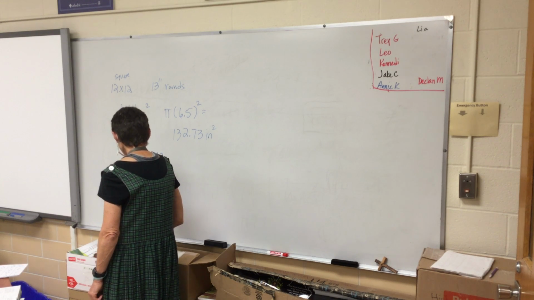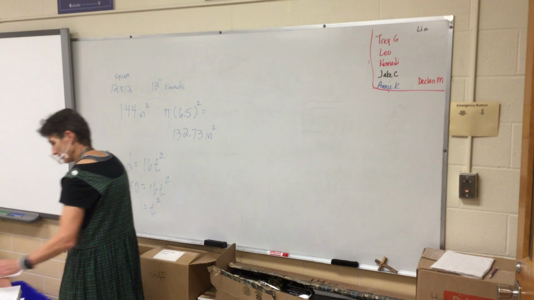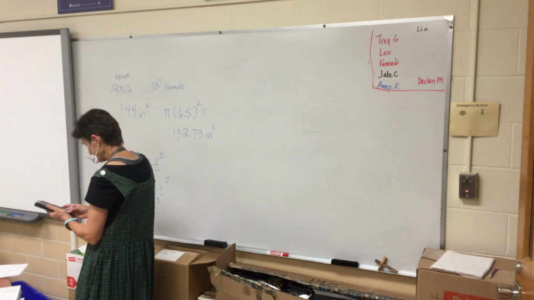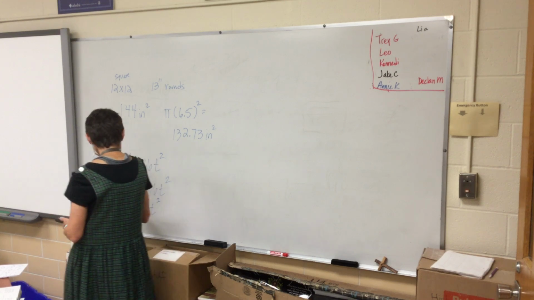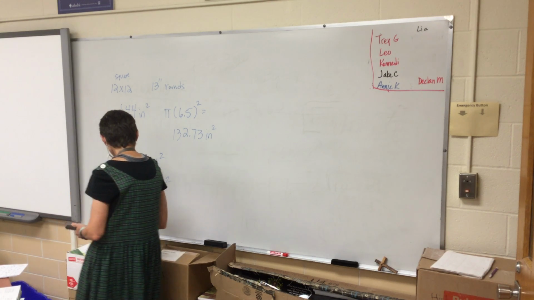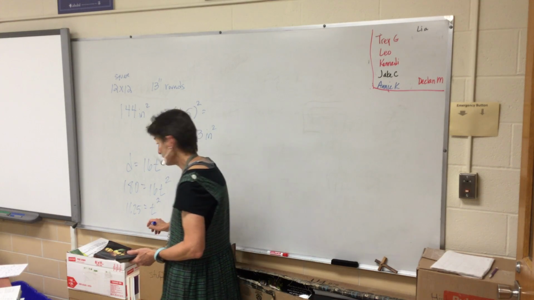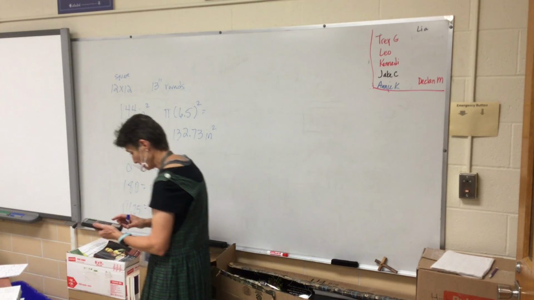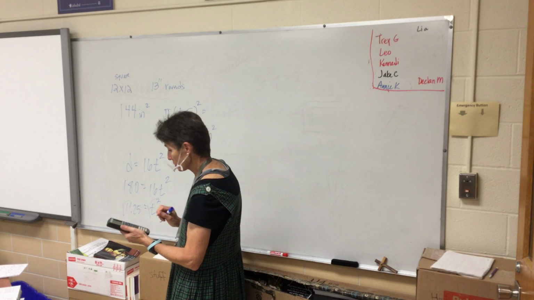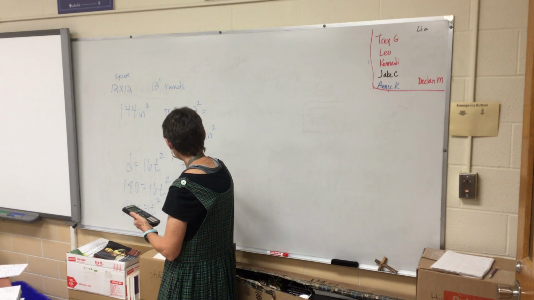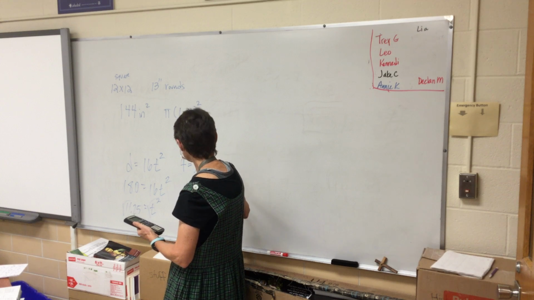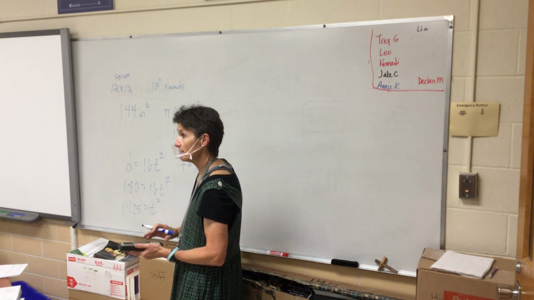T squared equals whatever 180 divided by 16 is, 11.25. And then we'll take the square root. So how long will it take? About 3.35 seconds to fall 180 feet.